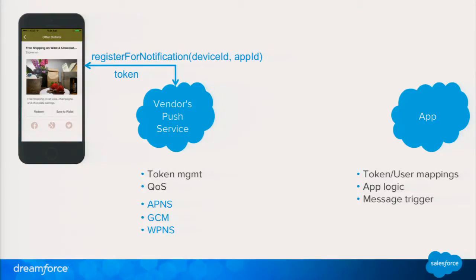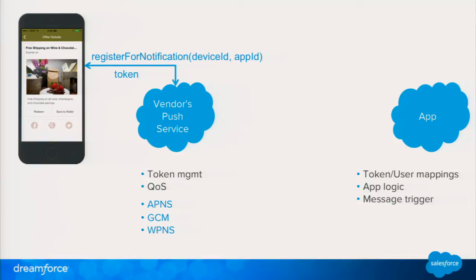It needs to know, okay, you register with that device ID for this application, and in return you get a token, and that token uniquely identifies your device and an application. Okay, so with that token, I will be able to push messages to you in the right context, and that context being a specific application.